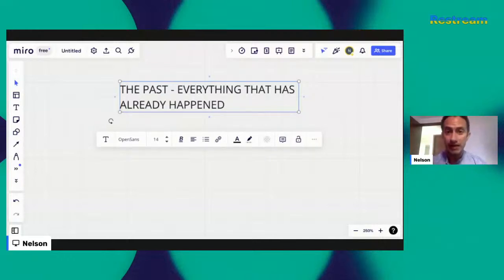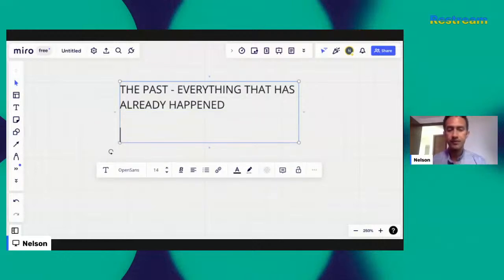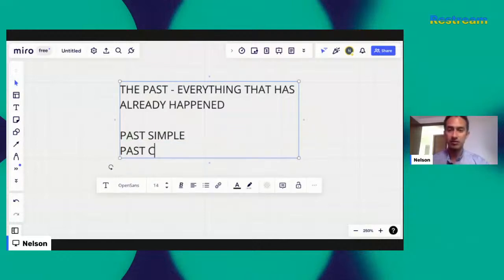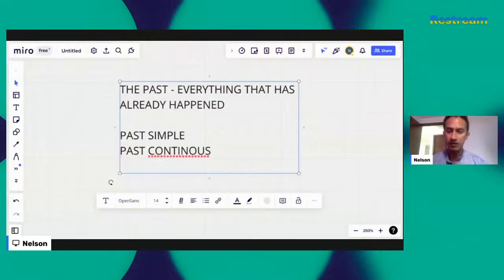Now, we have in English different forms to speak about the past. We can use the past simple, which you are familiar with. We can use the past continuous, which you are also familiar with. You can also use the past perfect, which one day I will explain to you.